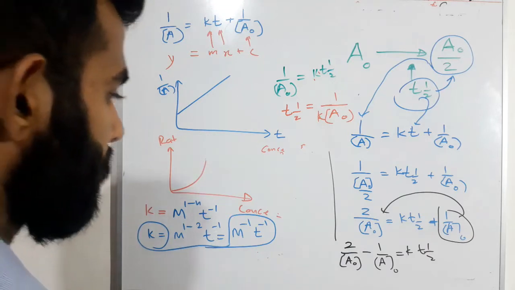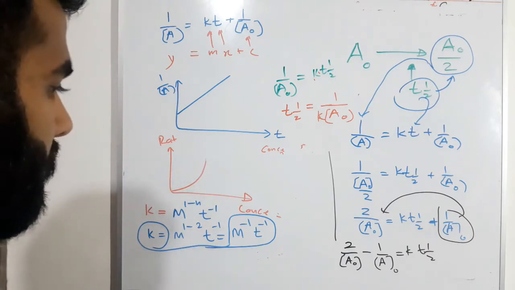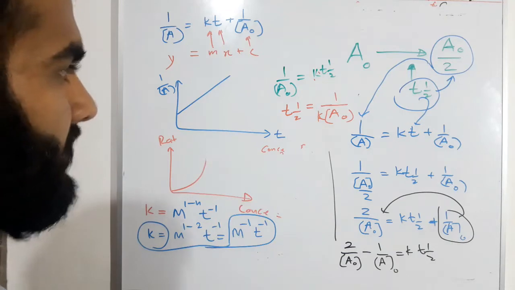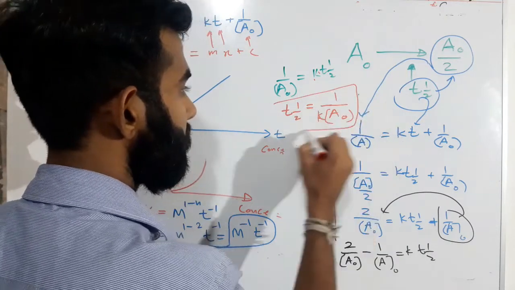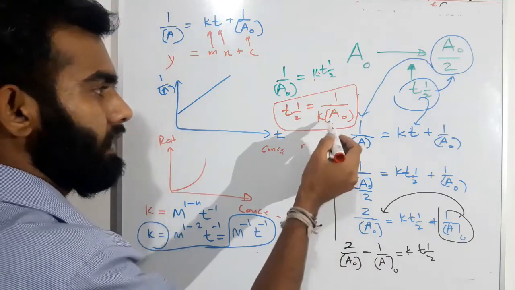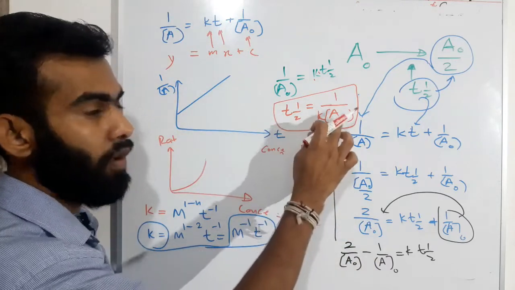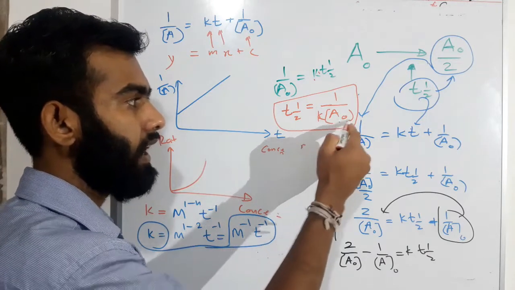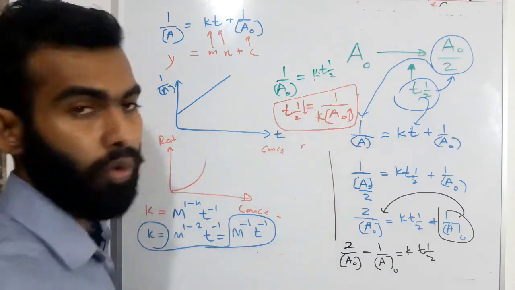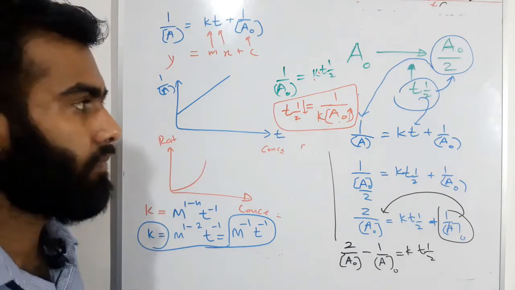So this is the t half of a second order reaction. You can see t half now depends on the initial concentration. If the initial concentration is high, t half will be low. Now you can see that.